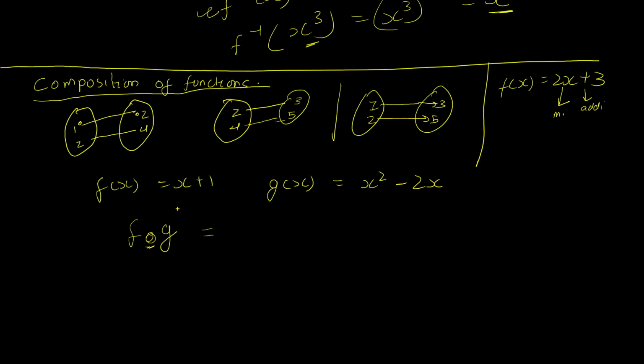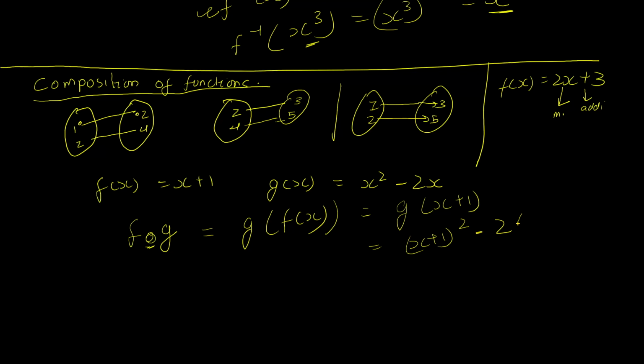So this function would simply be the result of plugging the output of f of x into g of x, right? So this would be g of f of x by definition, and that would be equal to g of x plus 1, and it tells me to square whatever is inside: x plus 1 squared minus 2 times x plus 1.